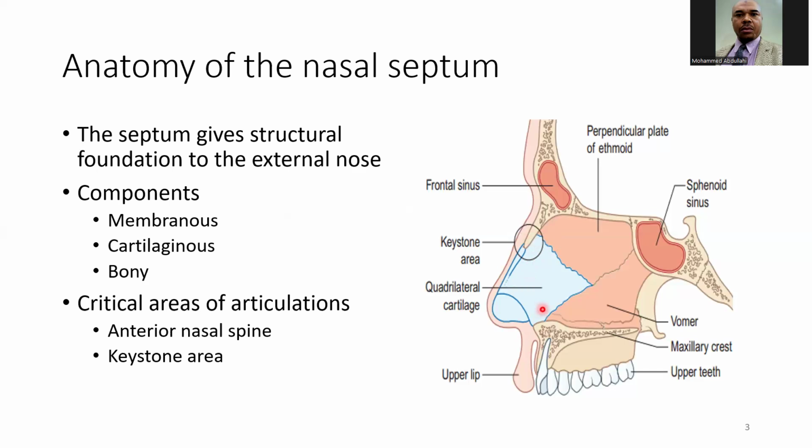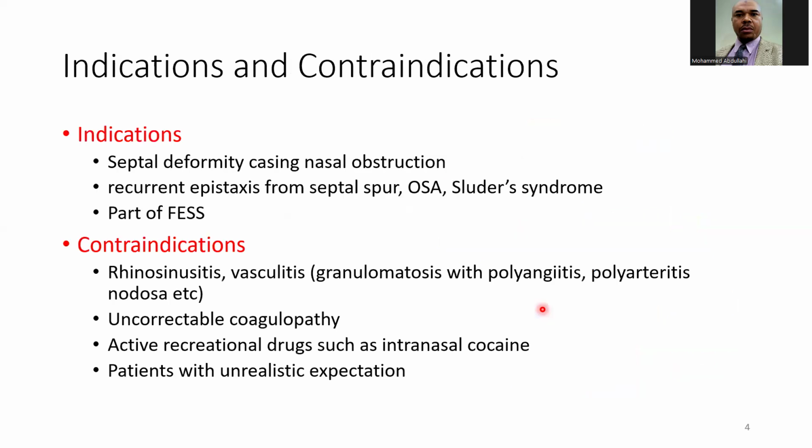These articulations give stability to the nasal septum, and this should be preserved during septoplasty. The septum is covered with mucoperichondrium over the septal cartilage, and mucoperiosteum over the bony septum. And this is just the brief anatomy of the septum.